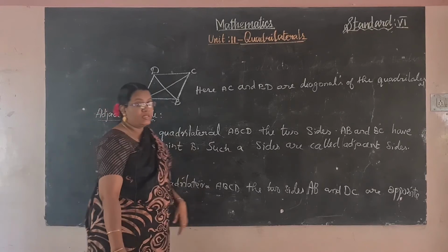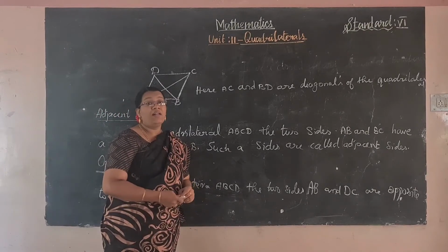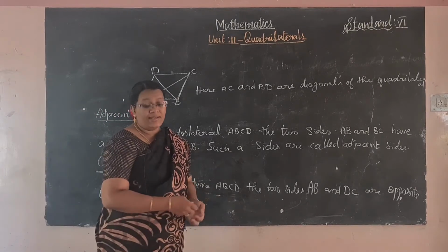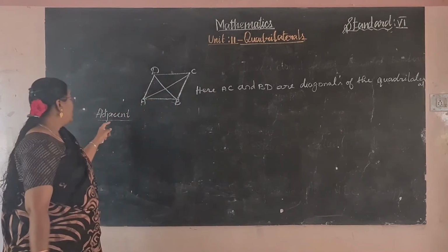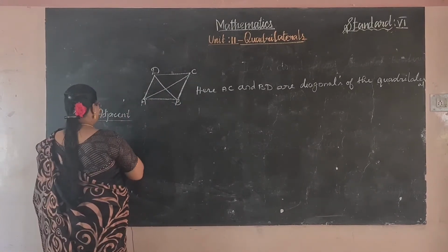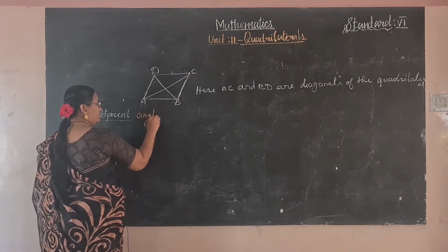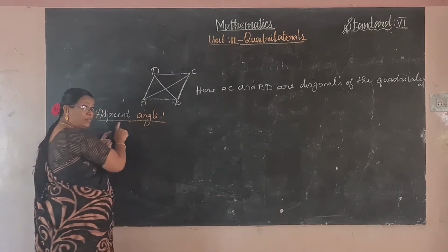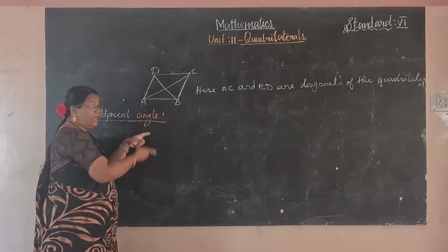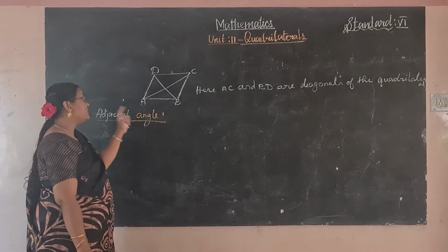That is called the opposite side. And next, first we learned about the adjacent side, now we will learn about adjacent angles.